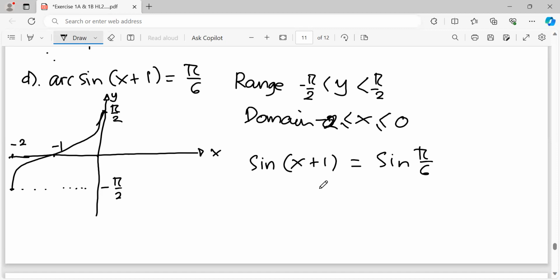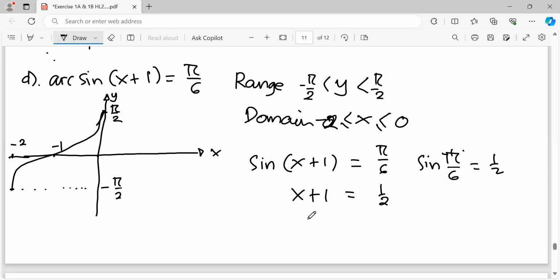So x plus 1 equals half, because inverse sine of pi over 6 equals half.